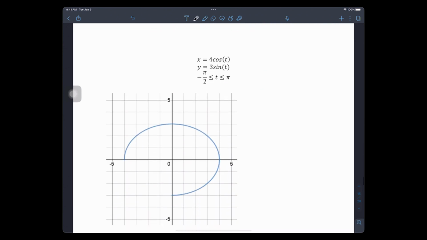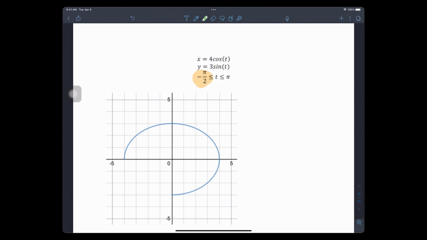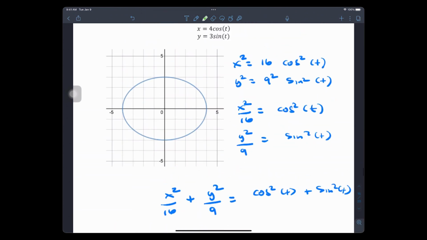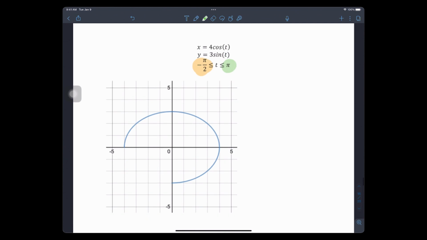And then what I did is you drew a portion of an ellipse because now you have an initial point, right, and a terminal point. You guys can figure that out. So what I did is I said, okay, here's your ellipse. What happens now when they give you an interval and you can find the initial point? Cosine of minus 90, right? What's 4 cosine minus 90?